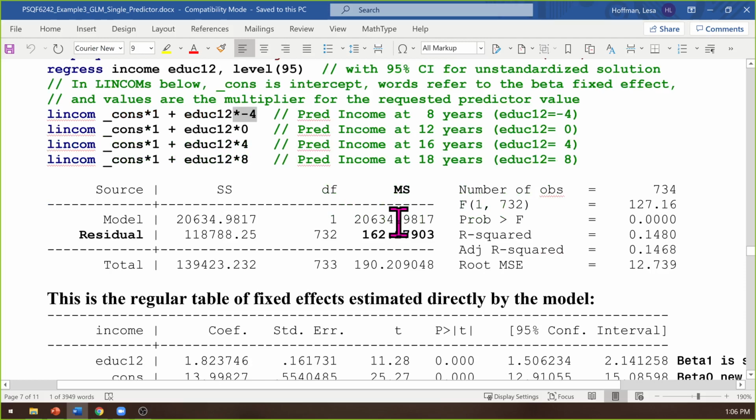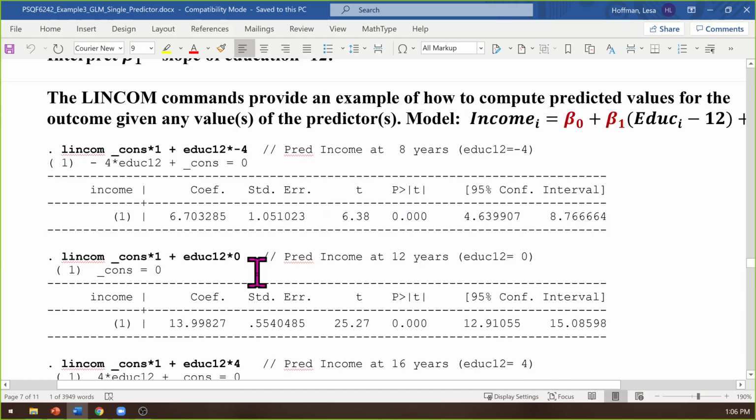And so Stata annoyingly, unfortunately, puts these all in separate tables, but it repeats whatever you told it to say. And so the result of that linear combination was estimated as 6, and it gives me the standard error, and it gives me a hypothesis test, even though that's not relevant for predicted means, and it gives me confidence intervals.